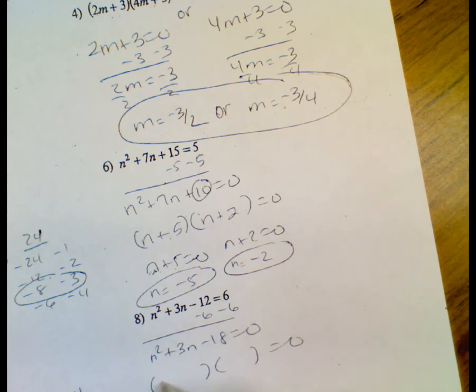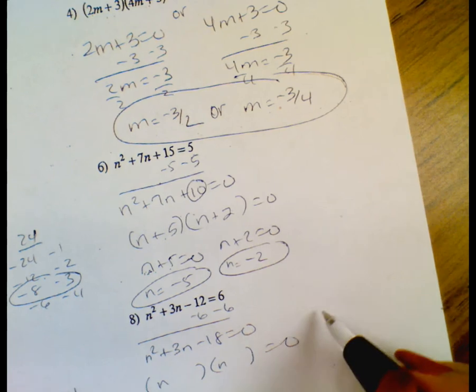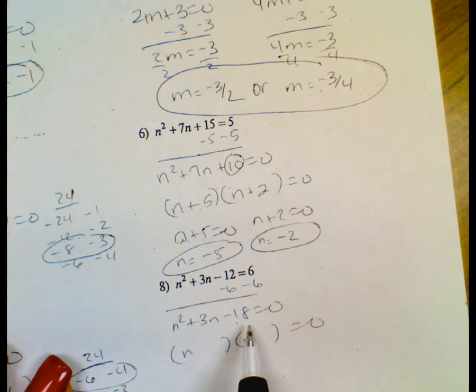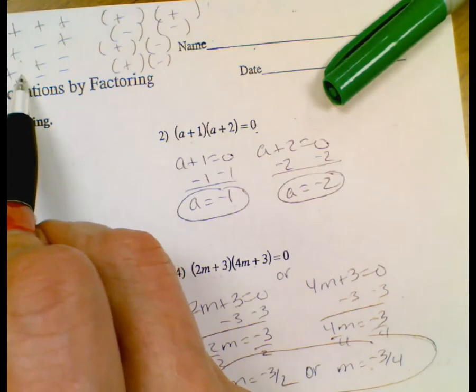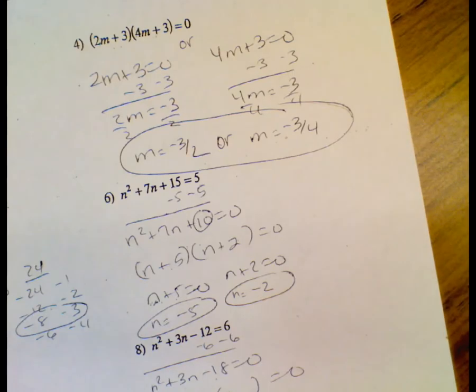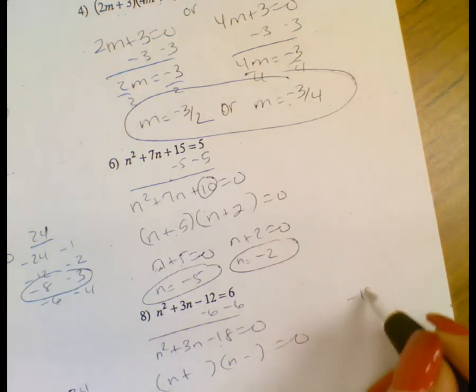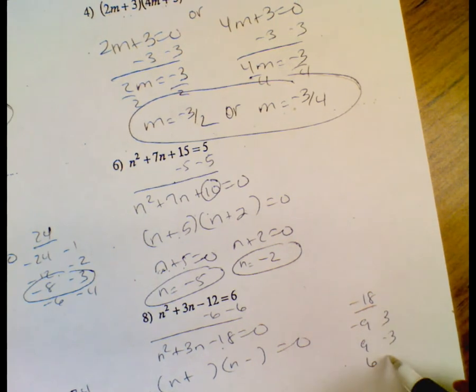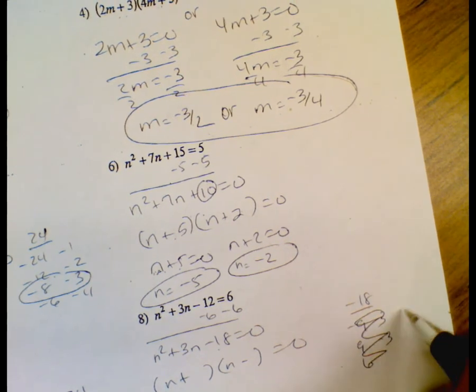Factor, factor, get n and n. Factors of negative 18. Okay, so when you have a positive, positive, negative, your signs are different. So factors of negative 18 add up to 3. Negative 9 and 2, 9 and negative 2, 6 and negative 3, 6 and 3.